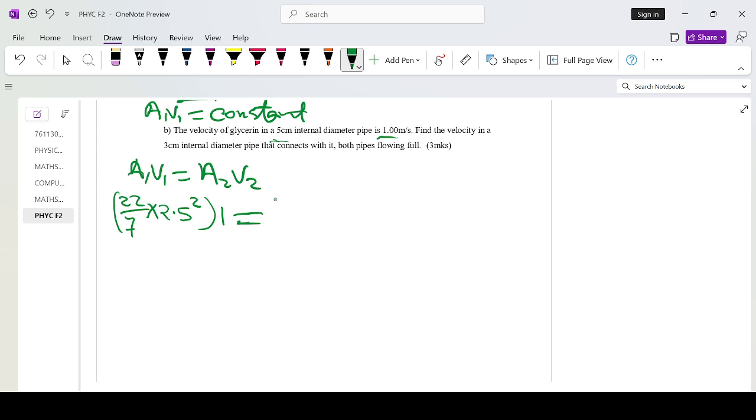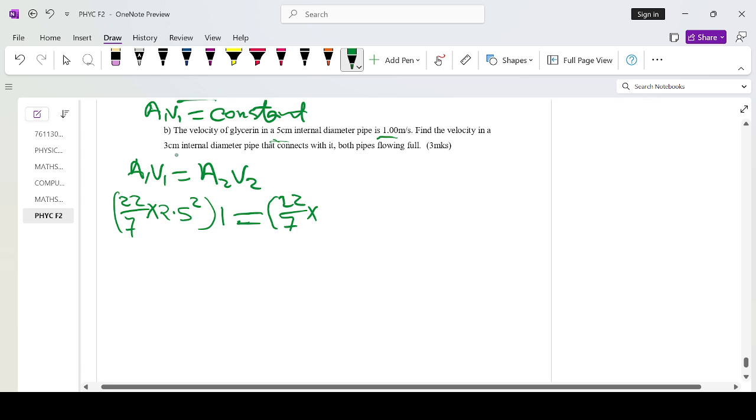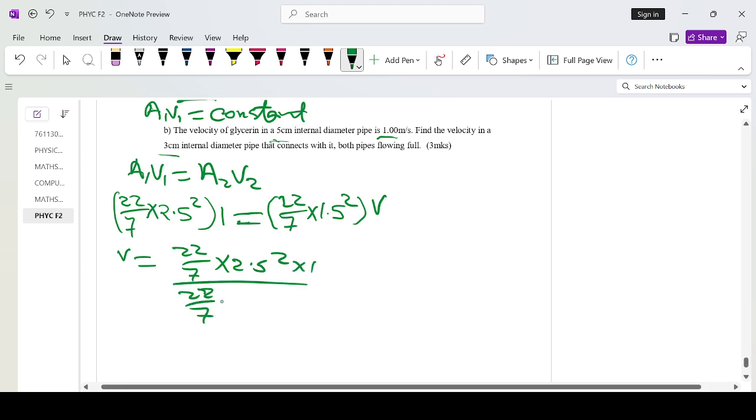So area 2 is 22/7 times, if the diameter is 3, 1.5 squared times its velocity, which you are looking for. So you'll get the velocity there is 22/7 times 2.5 squared times 1 over 22/7 times 1.5 squared.